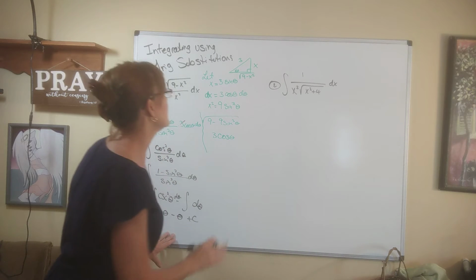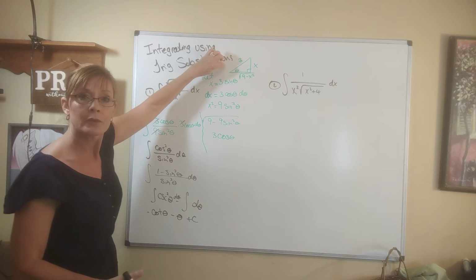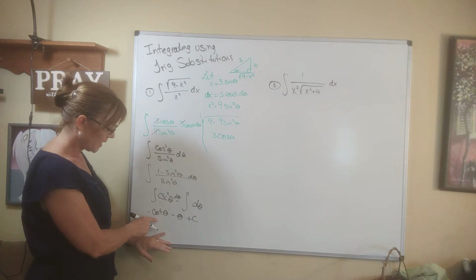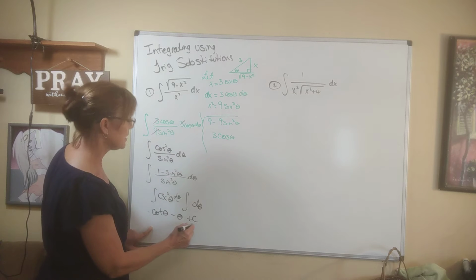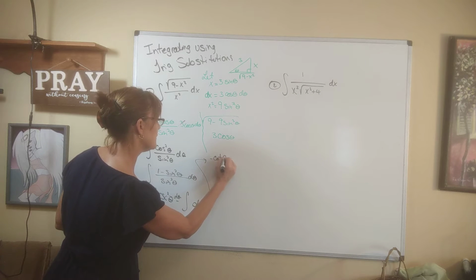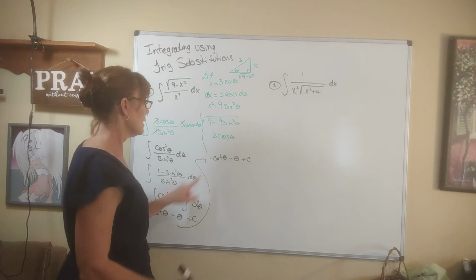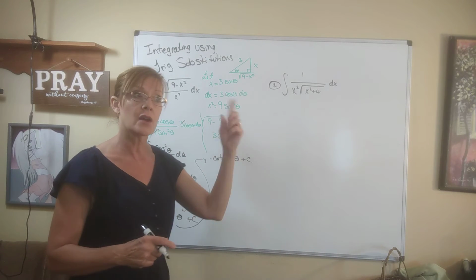The only thing left to do is put it back in terms of the original variable x, and I do that with this little triangle. I can figure out what I need to know. Negative cotangent of theta minus theta plus a constant. Tangent is sine over cosine. Cotangent is cosine over sine.